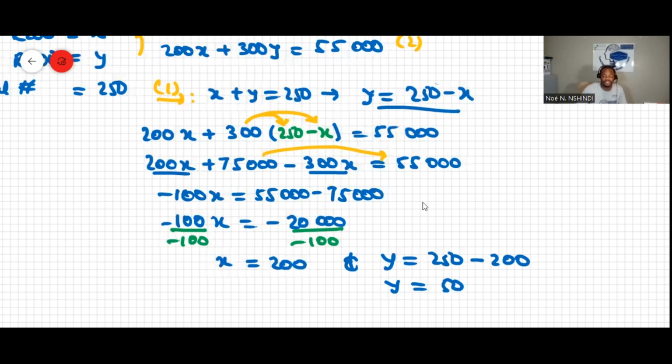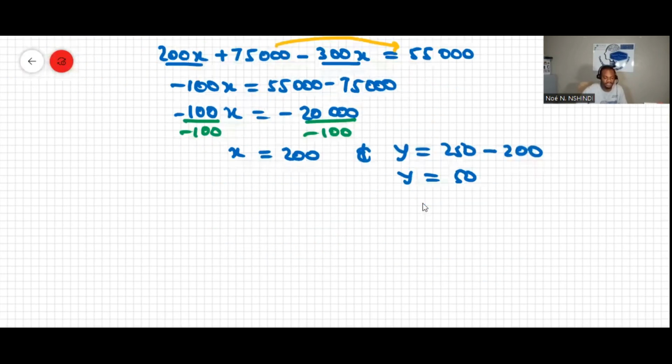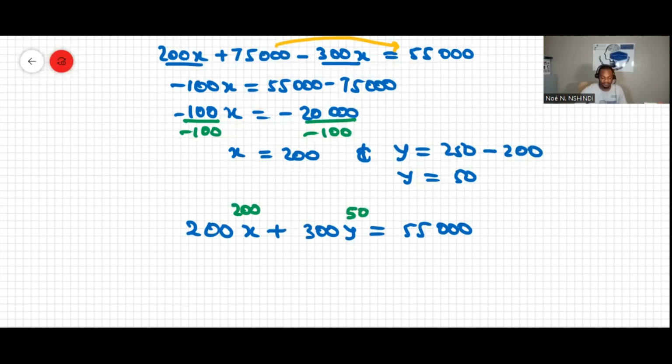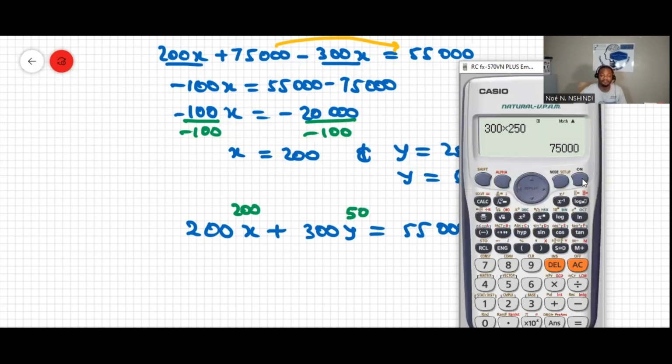We can double check the solution. We said 200X plus 300Y is equal to 55,000. If I substitute X for 200 and Y for 50 there, we check if we get 55,000.